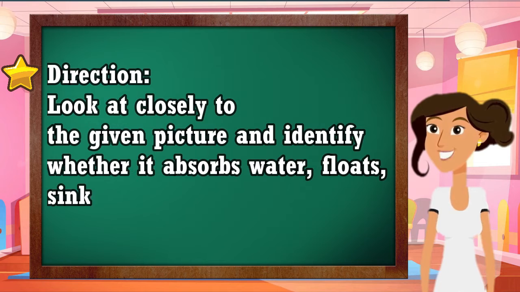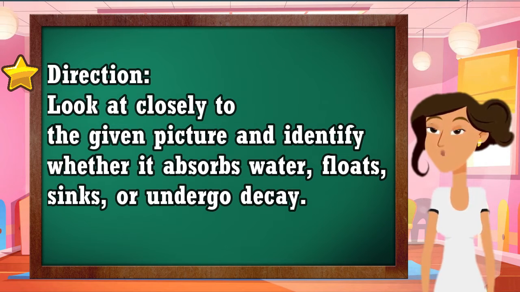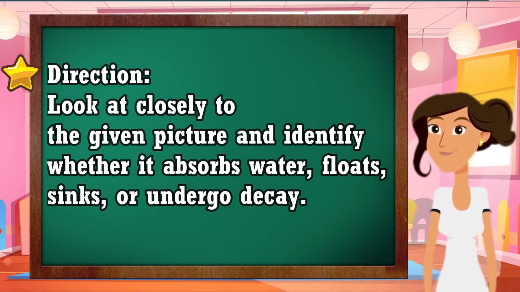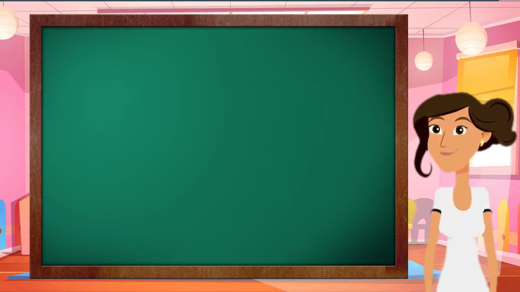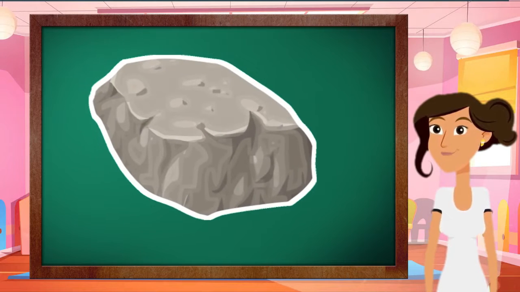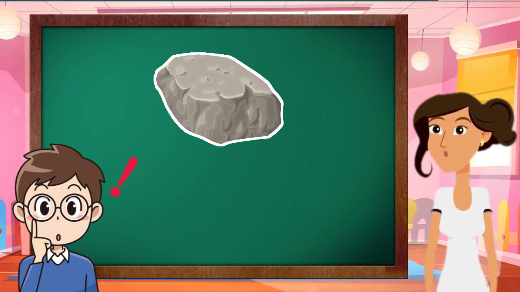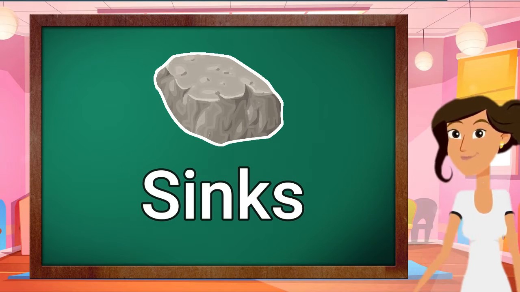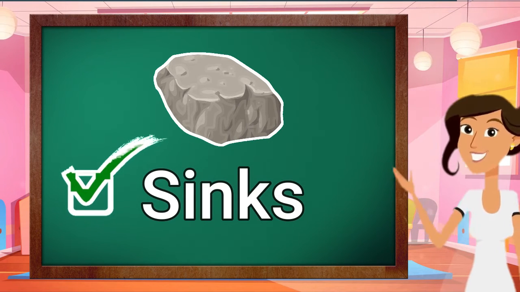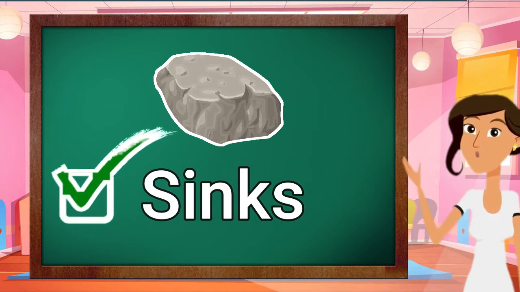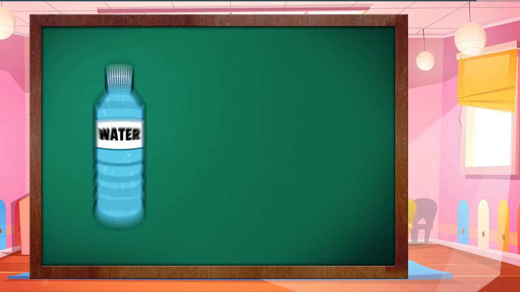Direction. Look closely at the given picture and identify whether it absorbs water, floats, sinks, or undergo decay. Let's begin with number 1. This is the picture. Now what do you think is the correct answer? Great job! The stone sinks. How about number 2?